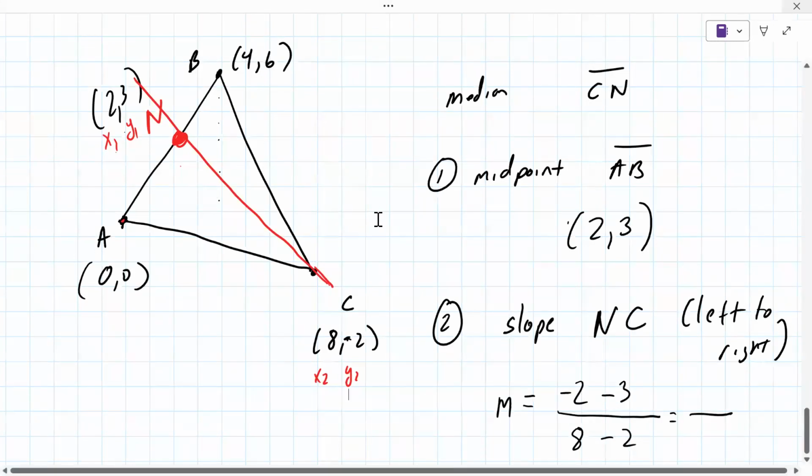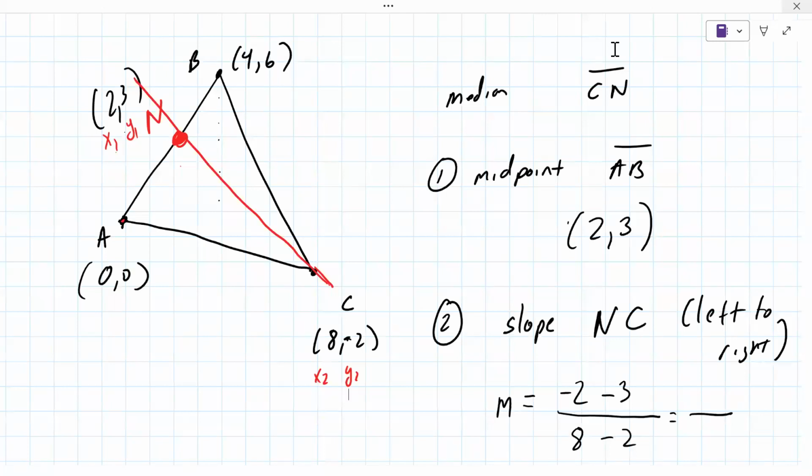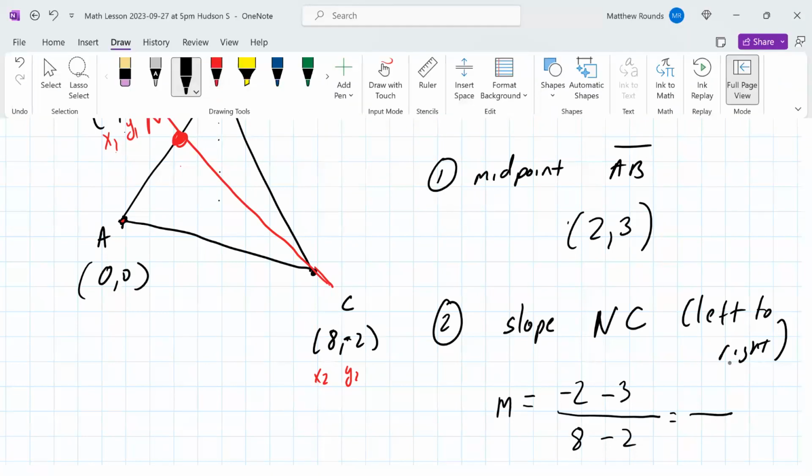Okay, so N and C, right? N and C, go ahead and redo that calculation. So -5/6. It's -5/6, great.